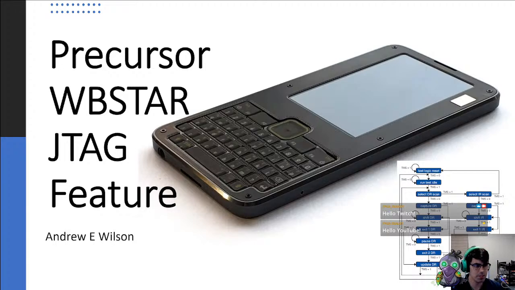So let's see. We have a few steps to get this working. One, we need to be able to change the WBSTAR register, or the warm boot start address register, to be able to boot from a different address in flash. Once we get that working, we need to have a USB driver, not from the FPGA, but to the FPGA, that allows me to do Xilinx Vitis debug over the USB, to a USB packet to JTAG to MicroBlaze debug module debugger system.